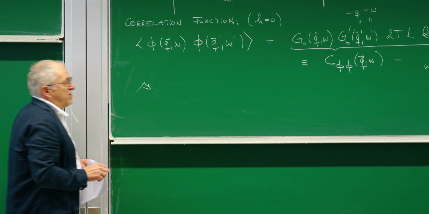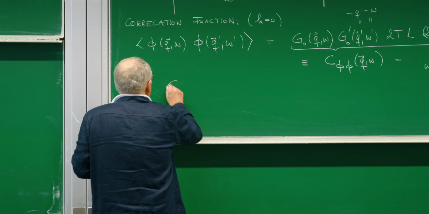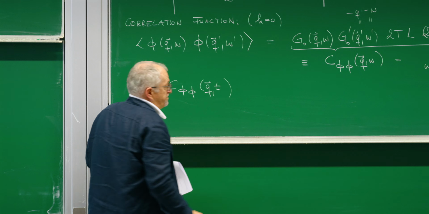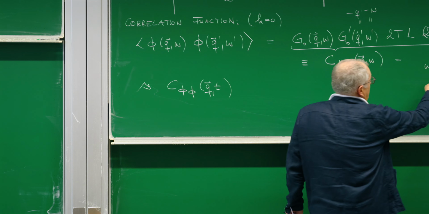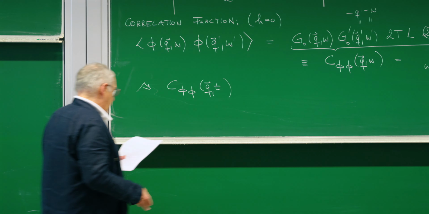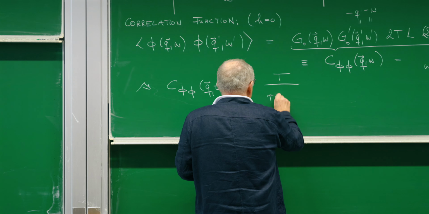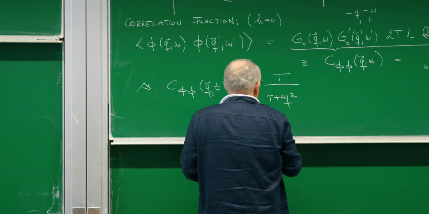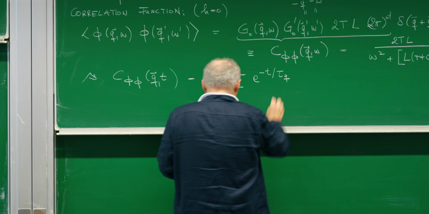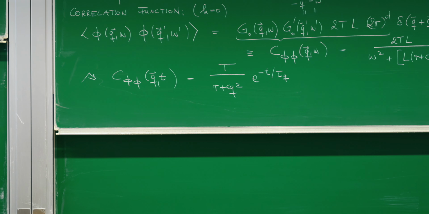It's also instructive to look at this in time space. So we do the inverse transformation such that we get the correlation function as a function of time. So I need to do complex calculus and calculate the residues as I integrate over the right-hand side. And then you find T over r plus c q squared times e to the minus t over tau q. And tau q is as I defined it before.